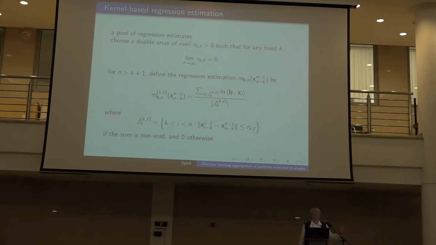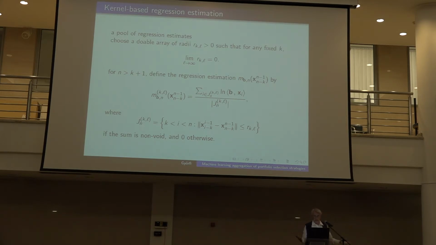Similarity means that the distance of these two segments is less than r. As soon as we find such i, then we store this i instance into this set J sub n, and take the local averages of the corresponding log returns. It is the kernel estimate of the conditional expectation.